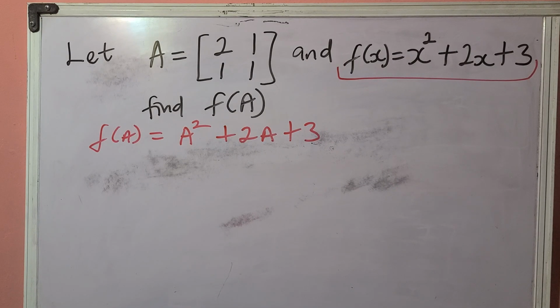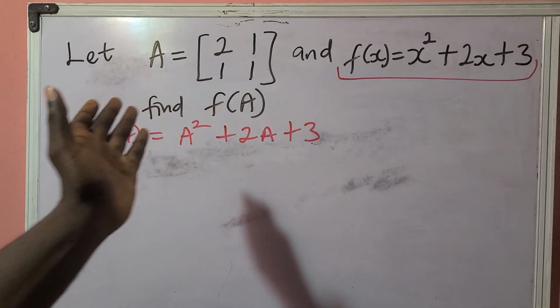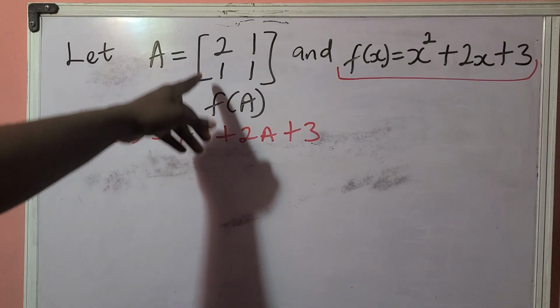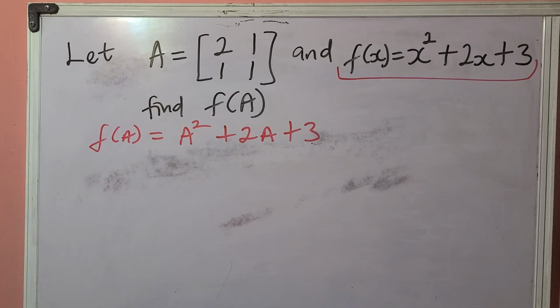Then you can go on to evaluate f of A, because you are not just supposed to fill in a value for A, you are supposed to resolve this. So how then do you go on to resolve this? The A here represents a matrix, a 2 by 2 matrix. So let's try and fix in the value for our matrix into this equation.